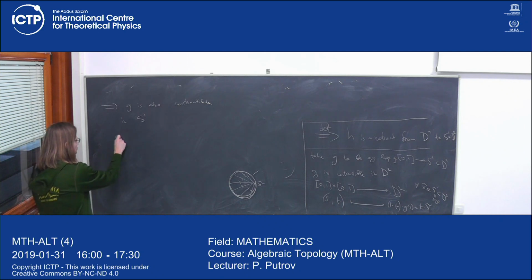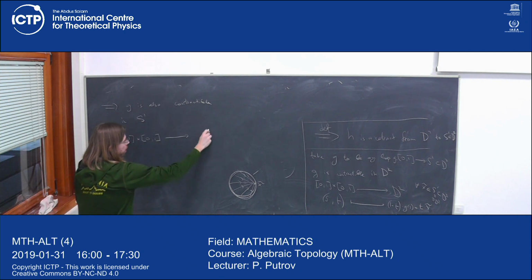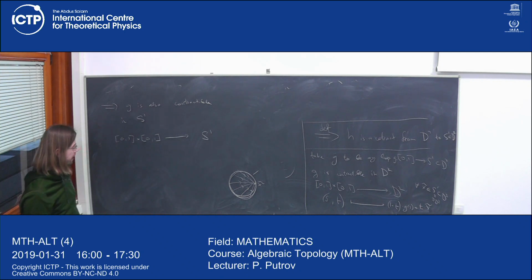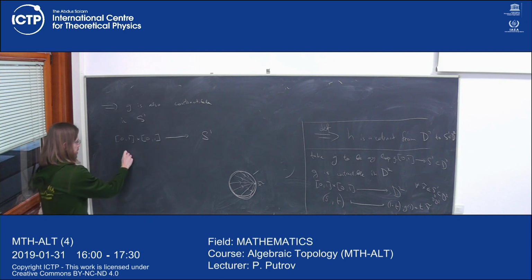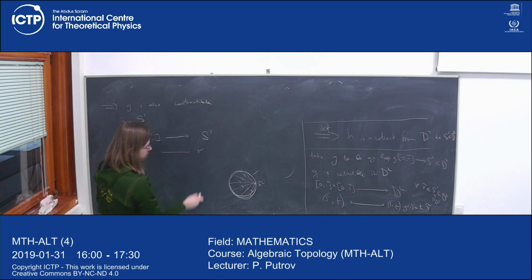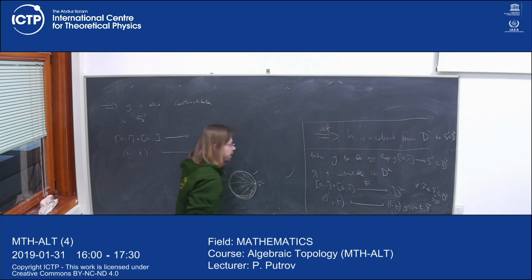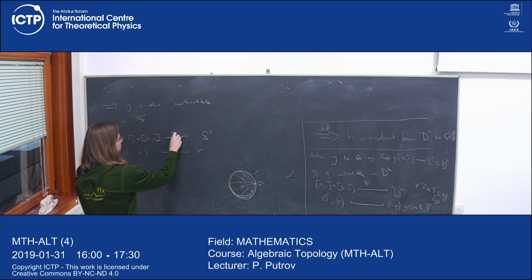So one can construct a homotopy which stays inside S1 such that ST is mapped to R. Just take a composition. We want to take a composition of this homotopy F with H.